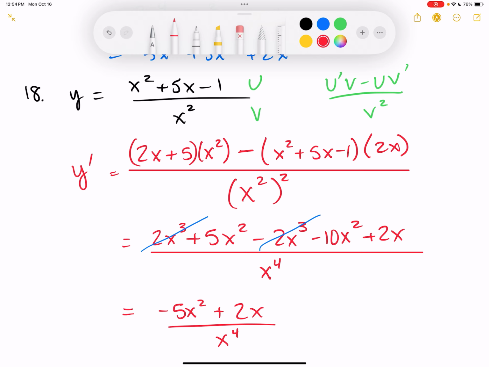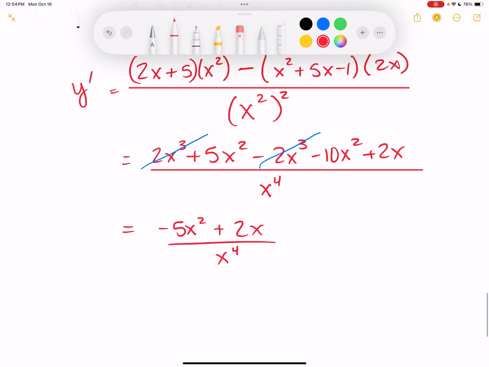So a lot of times when I'm demonstrating problems, if it can be left where it is, I'll show you that, but I'm also going to show you how to take it farther so that as you're looking through your multiple choice options, you can see which, well, this isn't how we got it in class. Well, yeah, because there's different levels of where you could leave it. So one option is I could take an x out of everything here on the top. So here, I'm going to circle this.